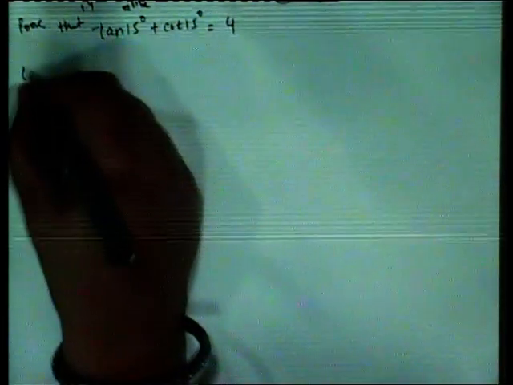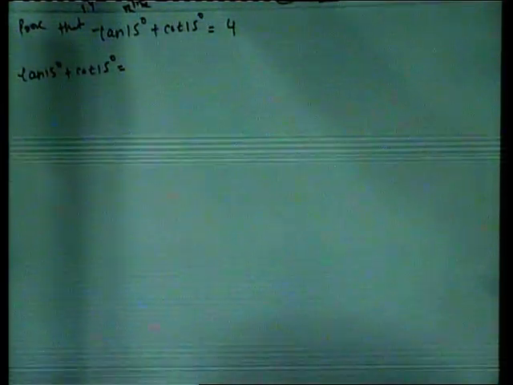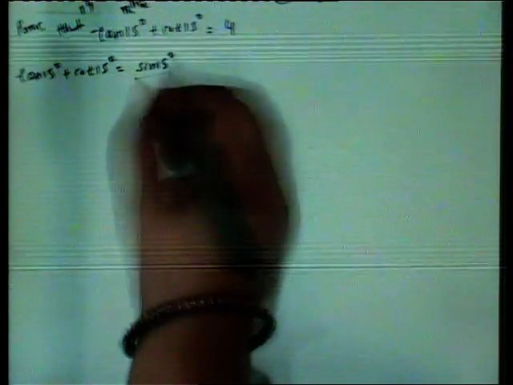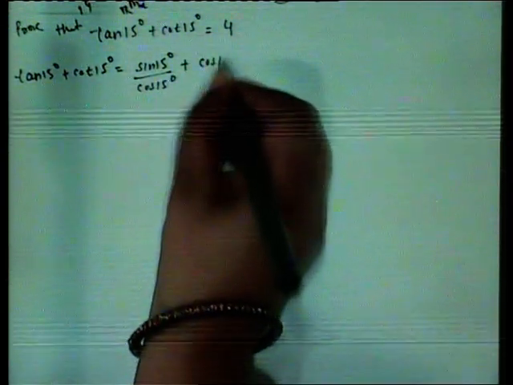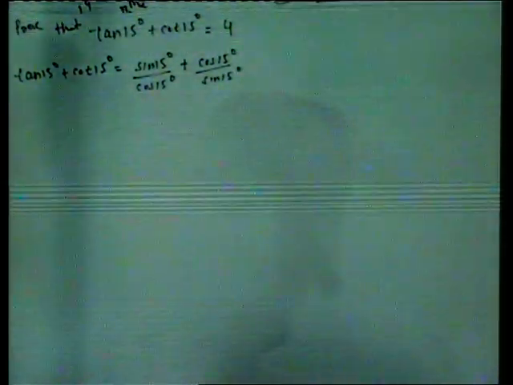So let us first simplify tan 15 plus cot 15. You know that tan is sin upon cos and cot is cos upon sin. So tan 15 plus cot 15 becomes sin 15 upon cos 15 plus cos 15 upon sin 15.